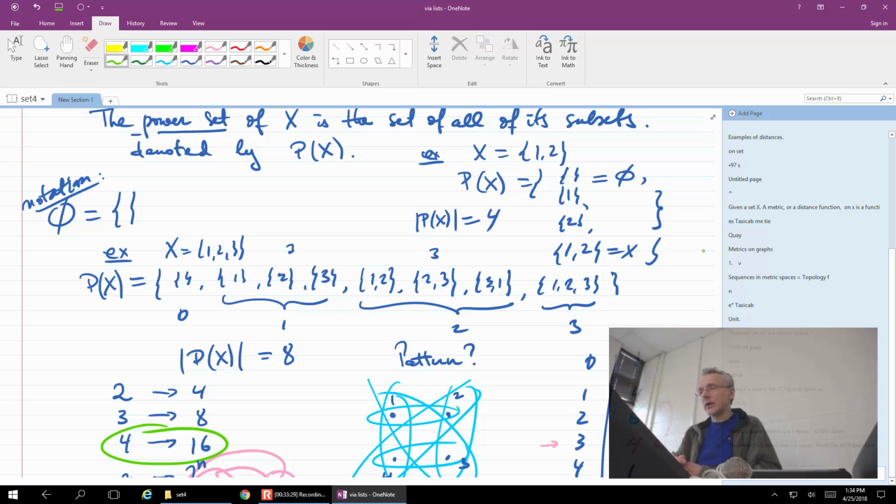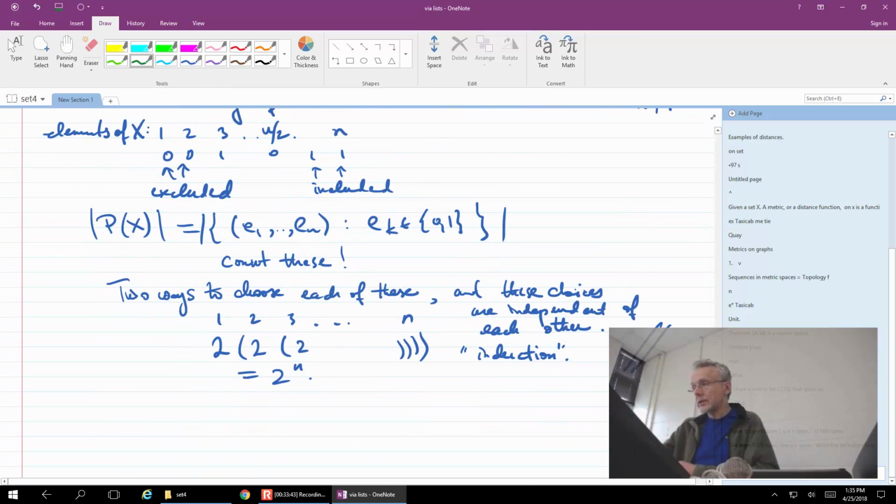So let's take a quick look at power sets when the set is not finite. One thing to notice, which was noticed a while ago, is that whatever that 2 to the n is, it is clearly larger than the set itself, strictly larger. The power set is strictly larger than the set itself.